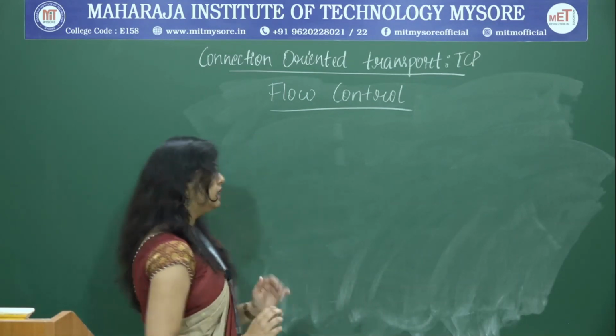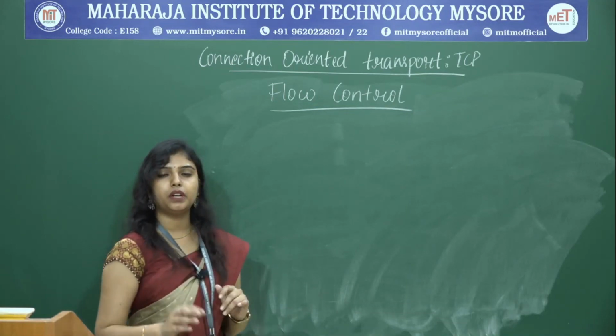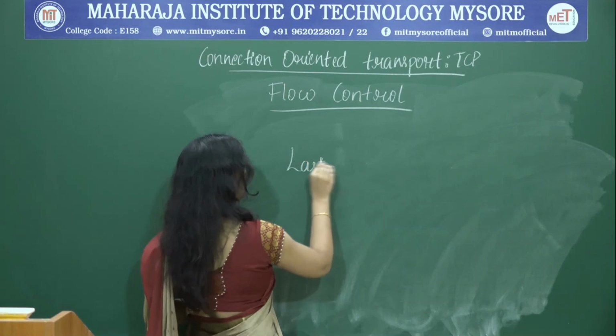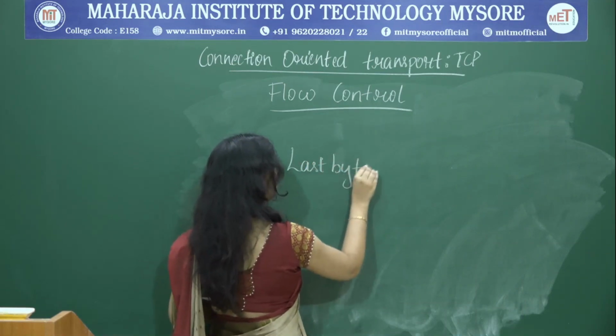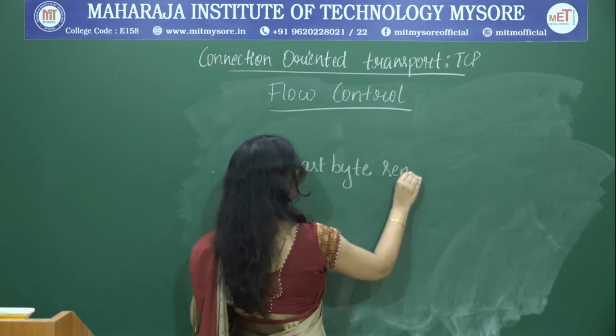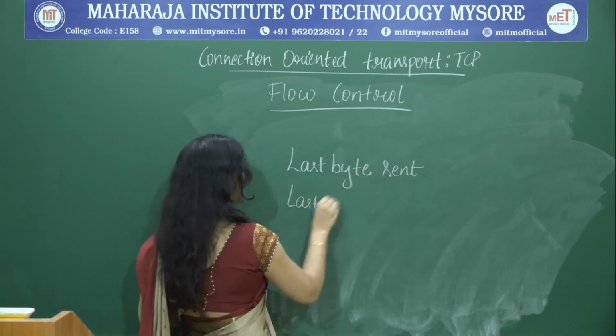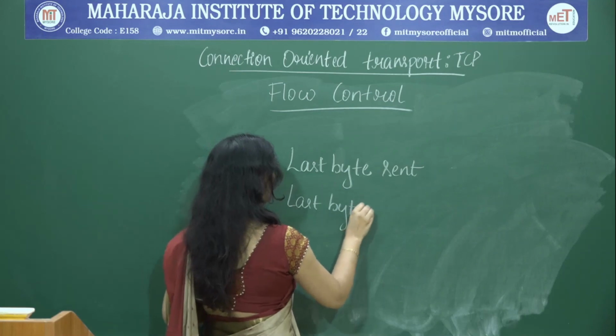To make sure of that, at the sender side, the TCP also keeps track of two special variables called last byte sent and last byte acknowledged.